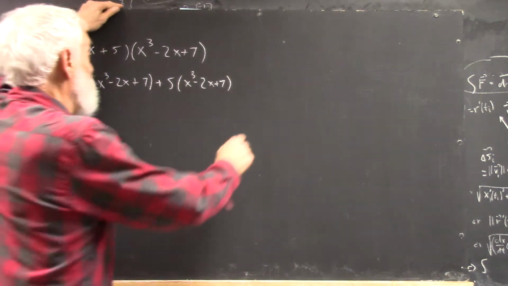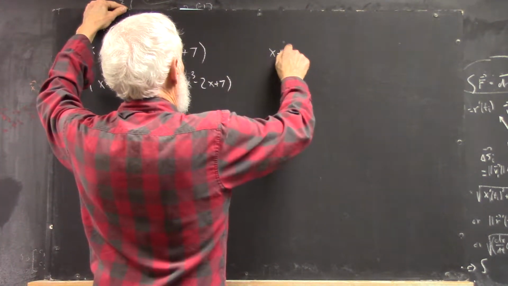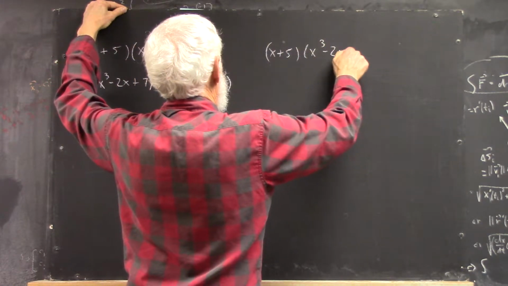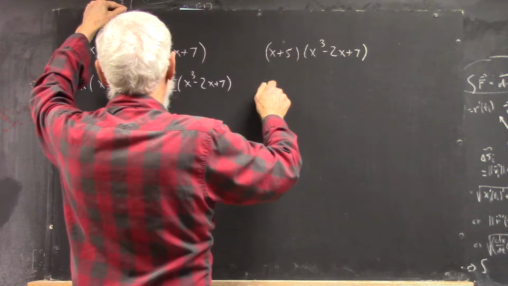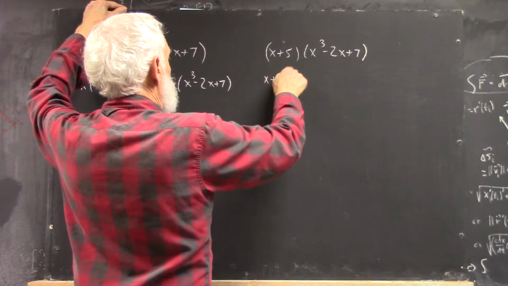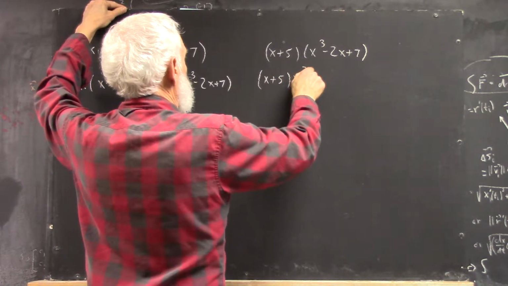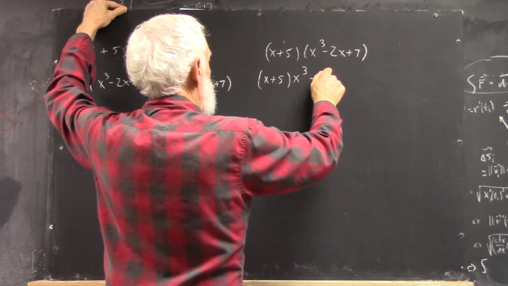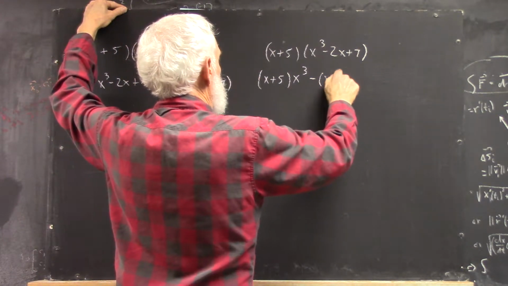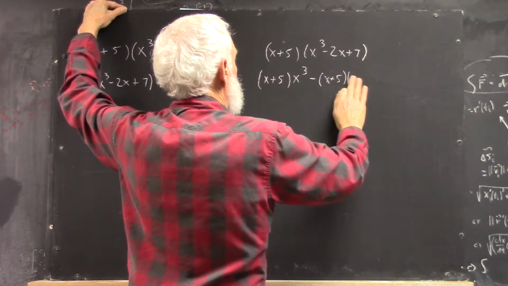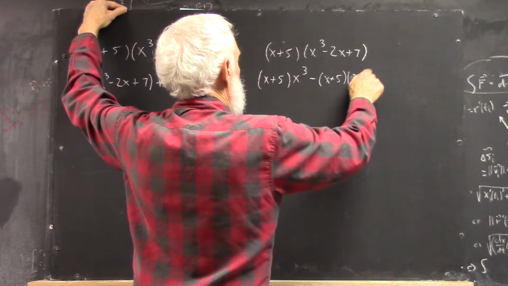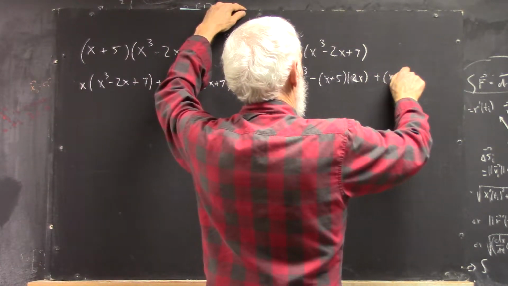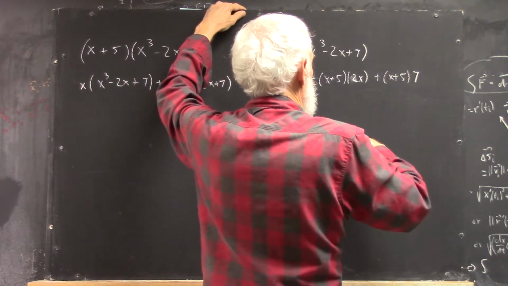Or you could say this is (x plus 5) times x cubed, minus (x plus 5) times 2x, plus (x plus 5) multiplied by 7.